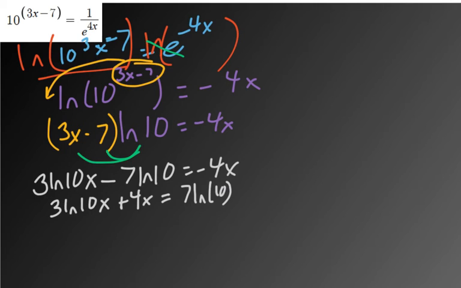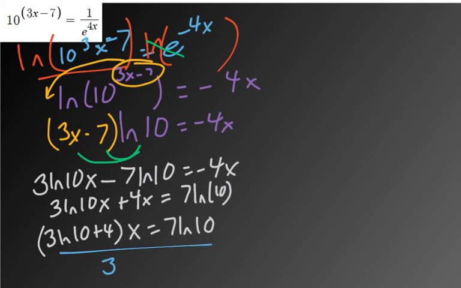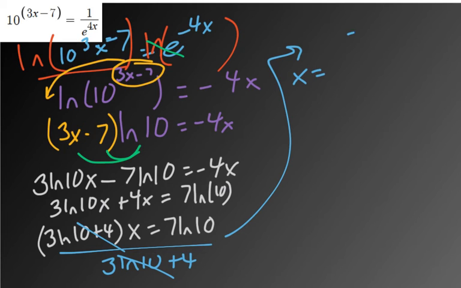And then I can just factor an x out of this. All right. So I have 3 natural log of 10 plus 4 all times x equals 7 natural log of 10. And then you just literally one last step, right? We want to divide out by 3 natural log of 10 plus 4, because then it'll cancel there and you'll have x by itself. And so, let's just go up here. So final answer would just be 7 natural log of 10 over 3 natural log of 10 plus 4.